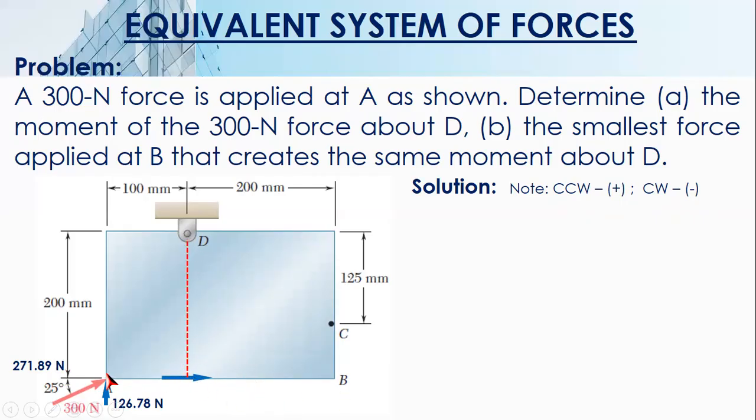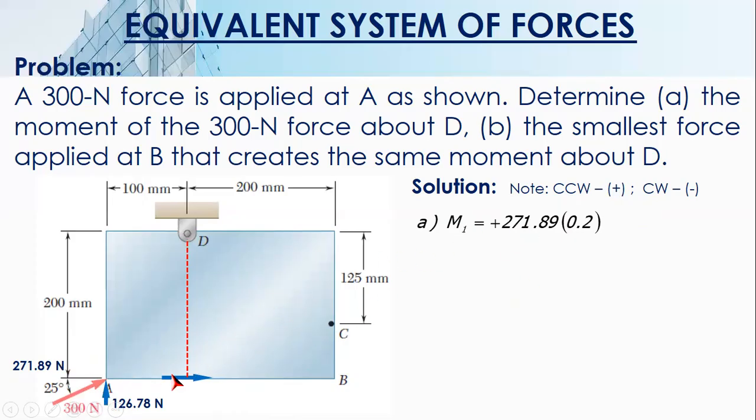Mao ni itong force which is 271.89, mao din itong perpendicular distance. Oh. Dili ka maglisod. Kaysa kini nga force tapos kuha ni mo ni perpendicular distance. You might get confused. So kini na lang. Sige. Mao ni itong M1. Okay? Kay duha man sila.